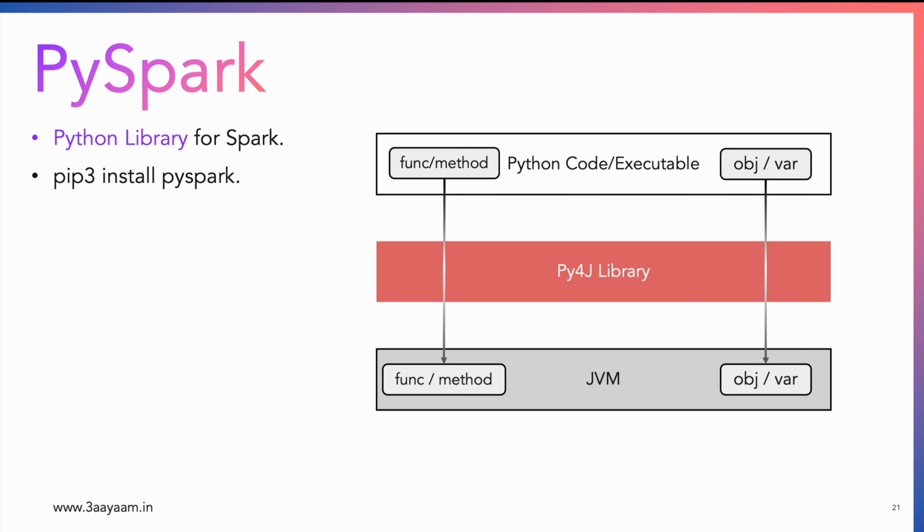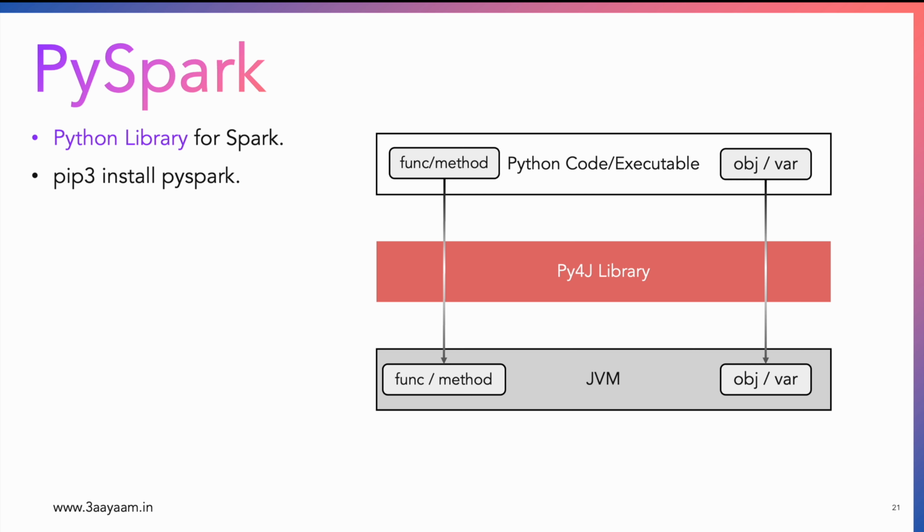So that's why you can go ahead and code using PySpark, and Py4j would internally do the translation without adding any latency. Whenever we execute any function or method, that would be executed in the JVM. Whenever we create any variable, that variable would be created in the JVM's heap memory, and the function would be created in the JVM's stack memory.